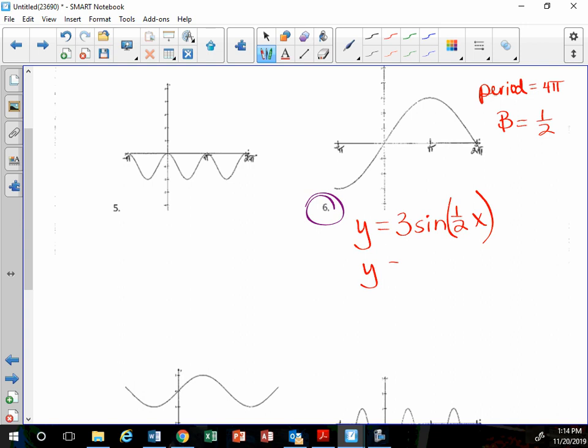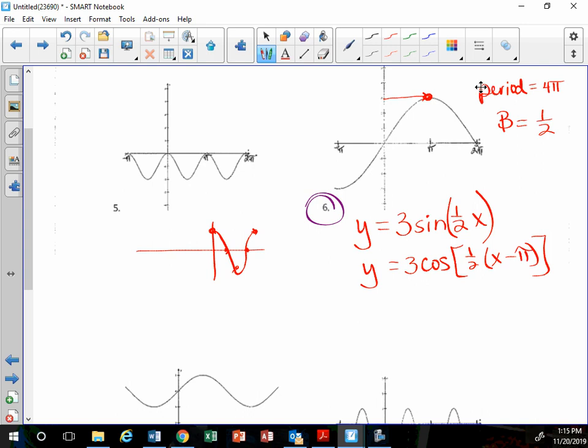Cosine, what you have to think about with your shift. Guys, the parent graph of cosine, it has a maximum on the y-axis, right? So how far over am I shifting to get to this maximum? Pi, so it is x minus pi.